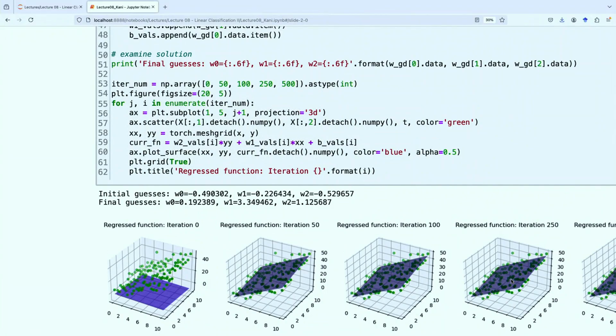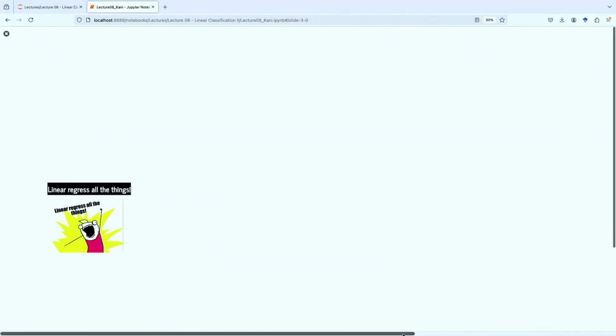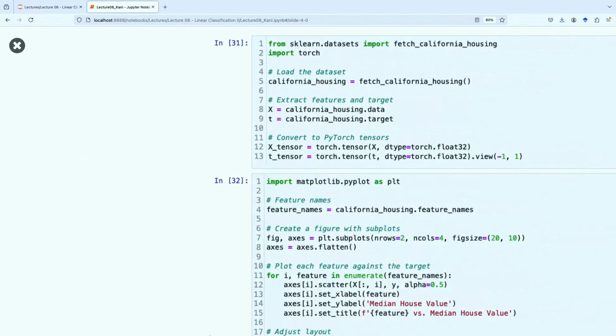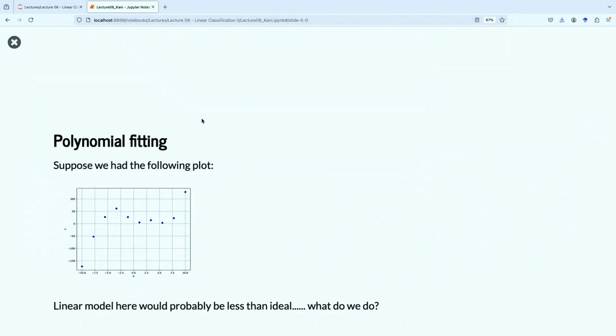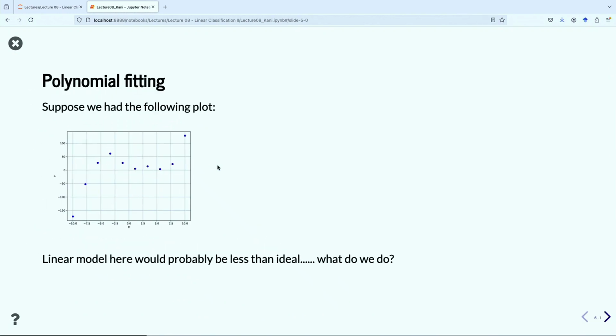We just want to be able to fit more robust, more complex models to the data. So in that case, what do? We look at something that's not linear. Namely, we look at polynomial fitting next.